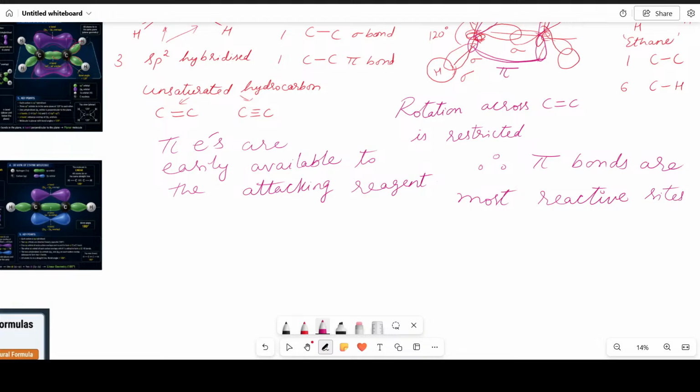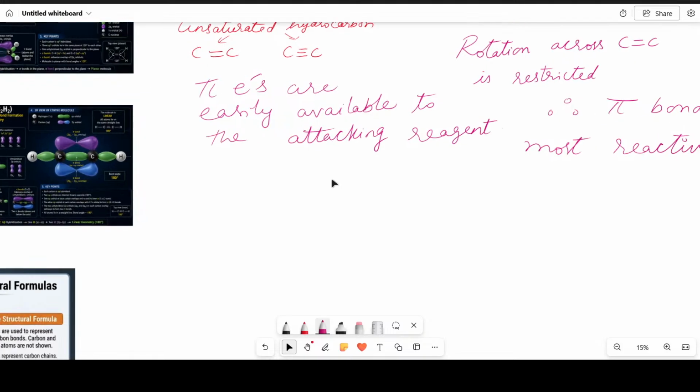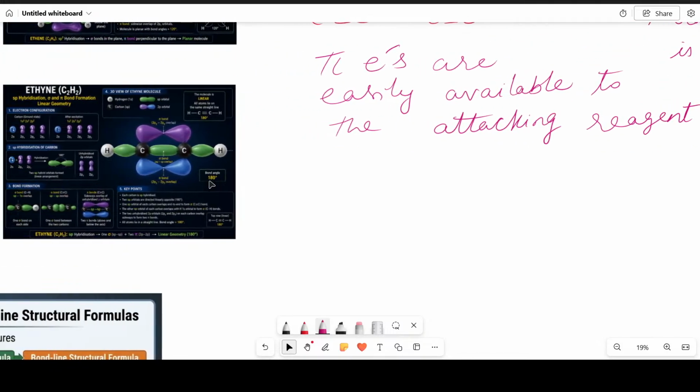Okay. Now let us look into the next example, that is ethyne. What is it? Ethyne. So you know that it has carbon-carbon triple bond in its molecule.